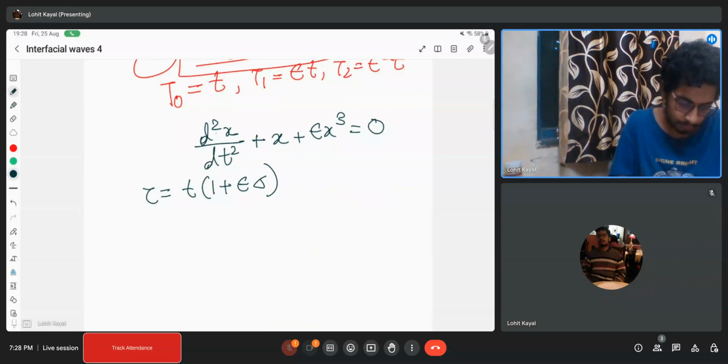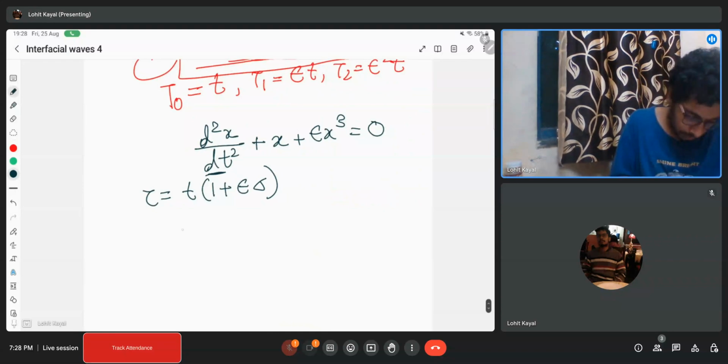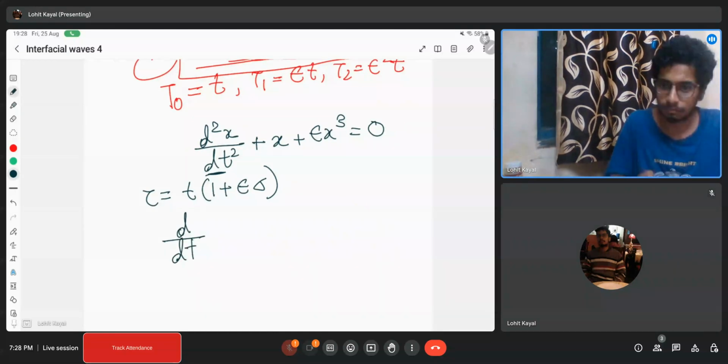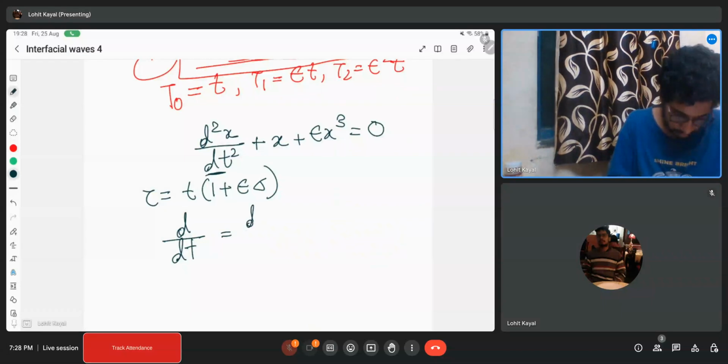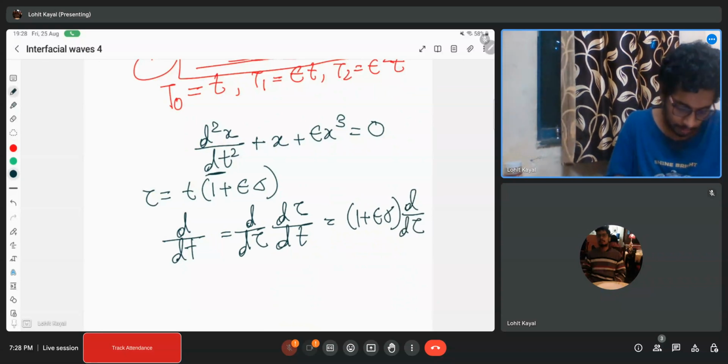Now we need to modify this d2x dt square, right? So how can we do that? We will use the chain rule, d of d tau into d tau dt, right? So it will be 1 plus epsilon sigma d d tau.